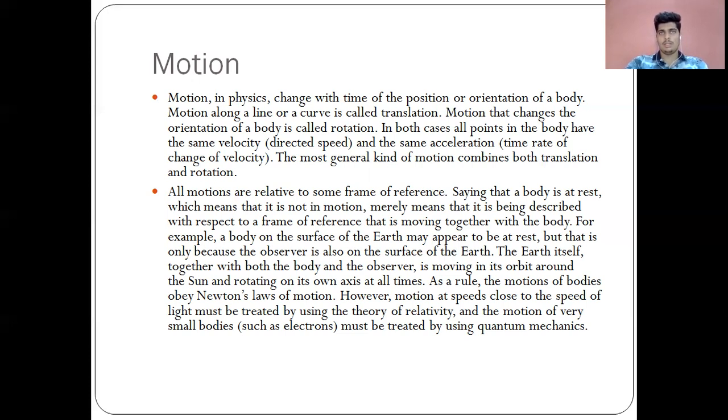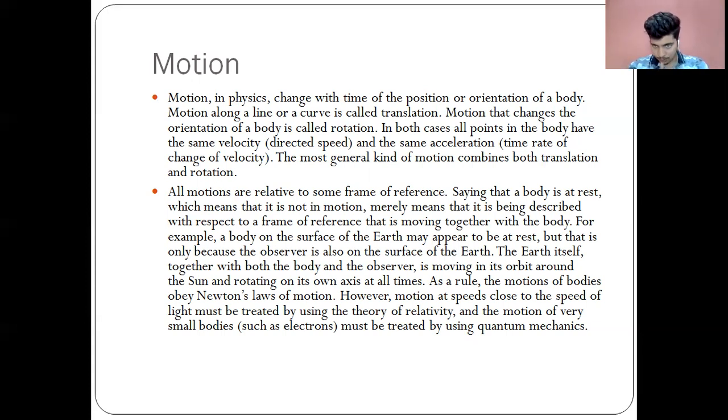But when you observe someone outside, you may see that they are moving backwards, because you and that person outside the train are in different frames of reference. That's why you observe the person beside you at rest, while some other person outside the train is in motion. That's another common example.